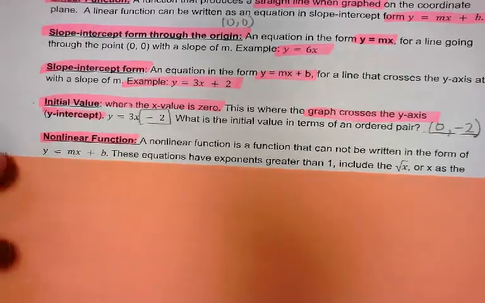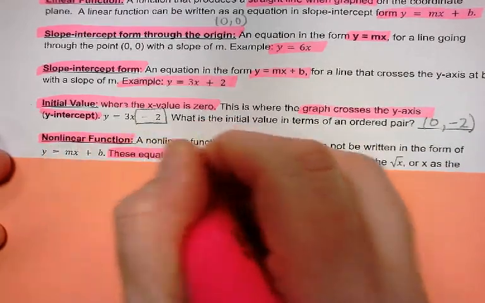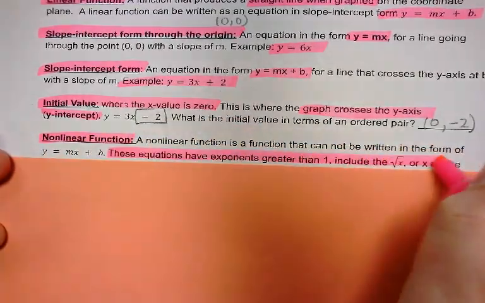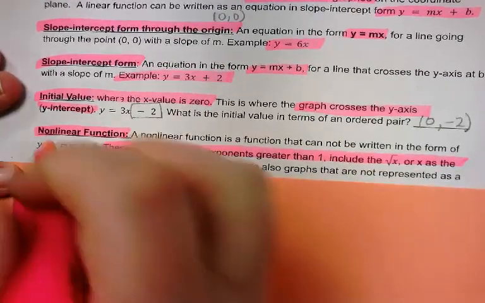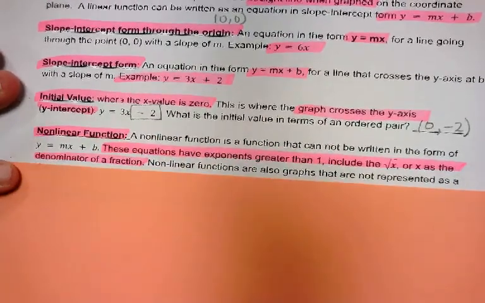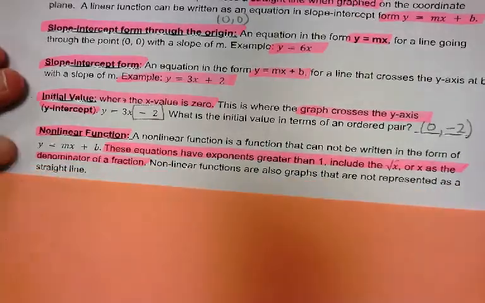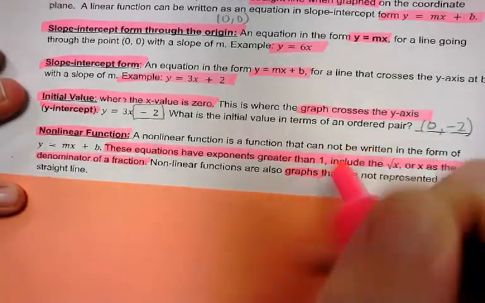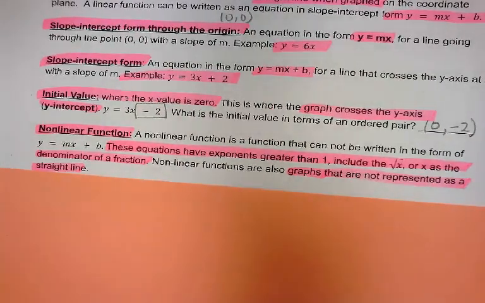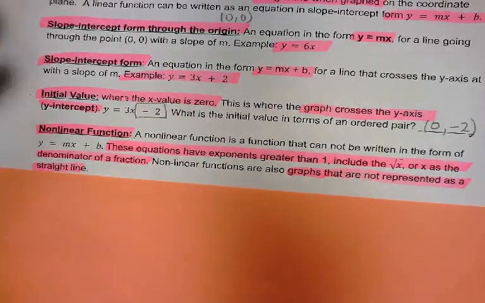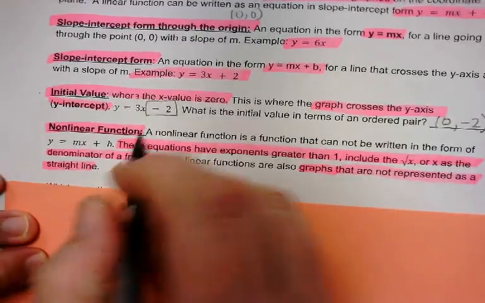These equations have exponents greater than 1, include the square root of x, or x as the denominator of a fraction. They are not represented by a straight line. Your examples could be such as this.